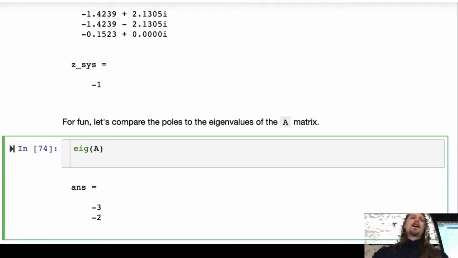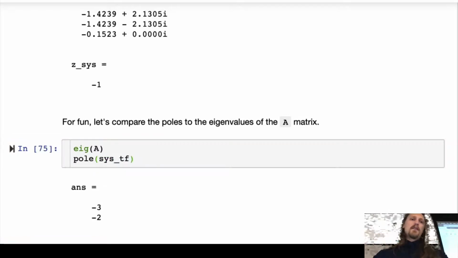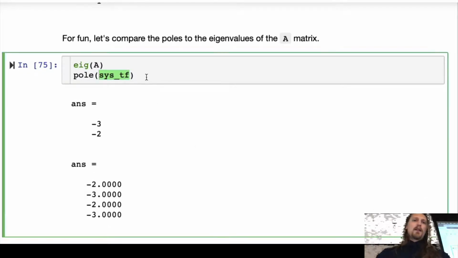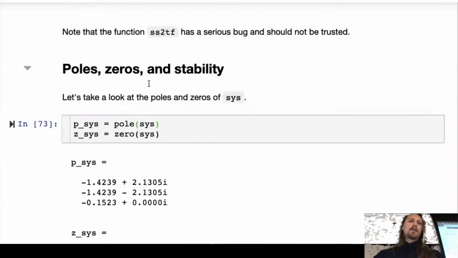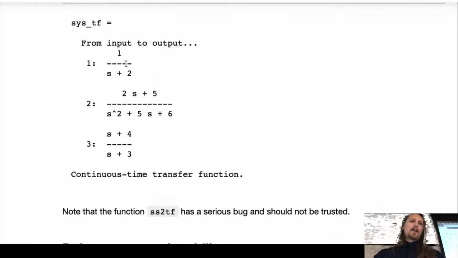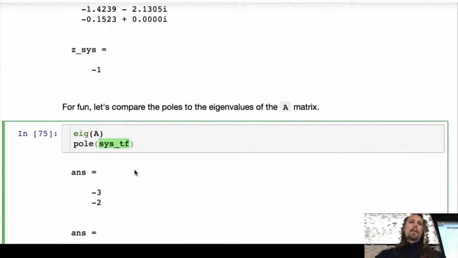So we could look at the poles of cis TF. Oh, cis TF's got multiple, doesn't it? Let's see, what does cis TF have? Okay, so what cis TF is giving us is -2 as the pole here, -2 and -3 as the poles here, and then -3 as the pole there.